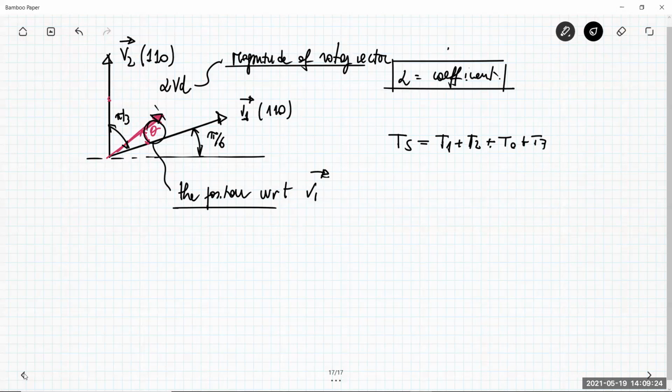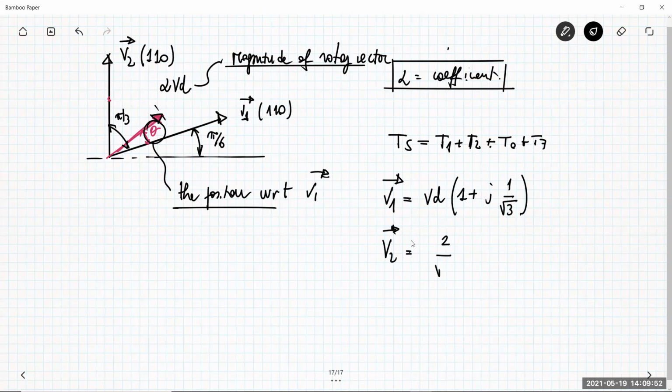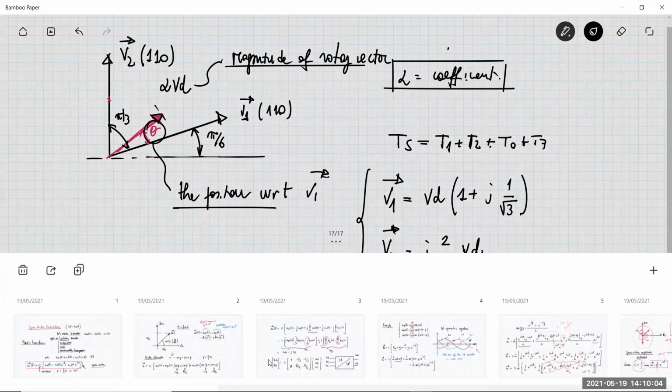In this way. So let me consider the mathematical expression of the space vector V1. This is Vd, remember, real and imaginary part representation, this one, okay, which is the space vector representation of V2. This is 2 divided by square root of 3, j Vd. We computed these 2 expressions before.